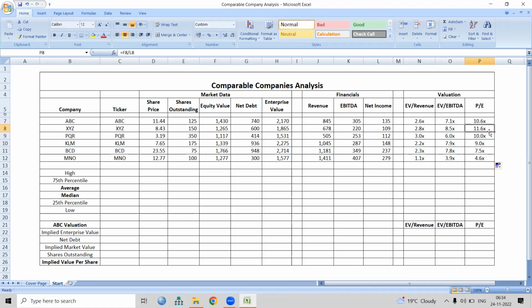So we can consider that maximum value, and then we can fix up the value for ABC Limited. Or under a pessimistic condition, let's say nothing is in favor of the company, under the adverse condition the minimum value can be considered for fixing up the value, like 1.1 we have here, then 3.9, and then 4.6. These are the minimum values. But it's not always that we go for an optimistic or a pessimistic situation.